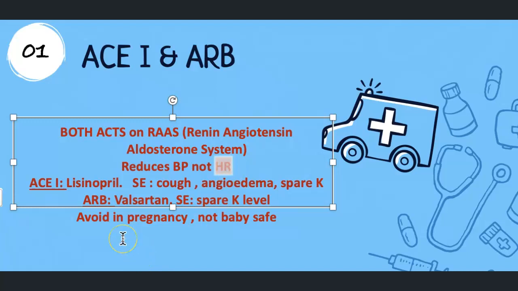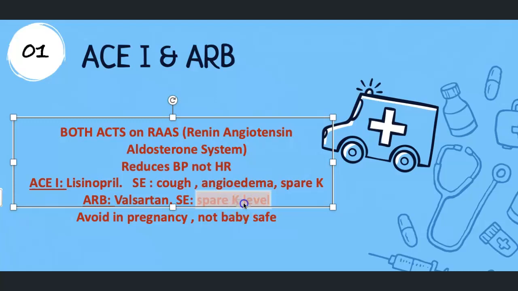Examples for ACE inhibitors are lisinopril, and for ARBs are valsartan. The main side effect for this group is that they spare potassium levels, because, as I said before, they act on the aldosterone system. So by excreting the sodium, we are retaining potassium.